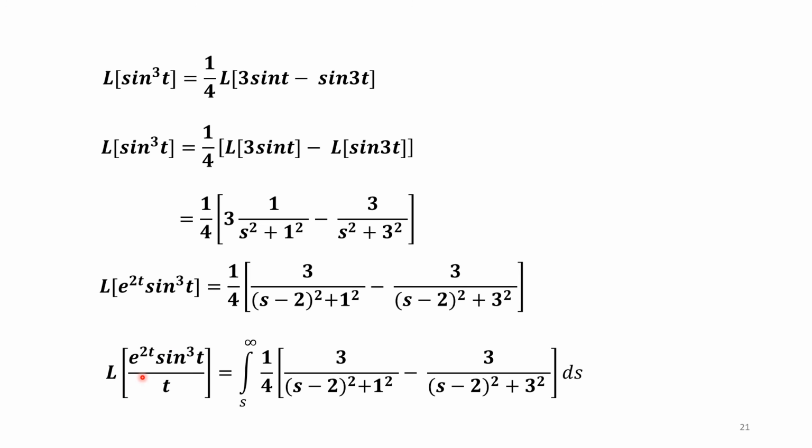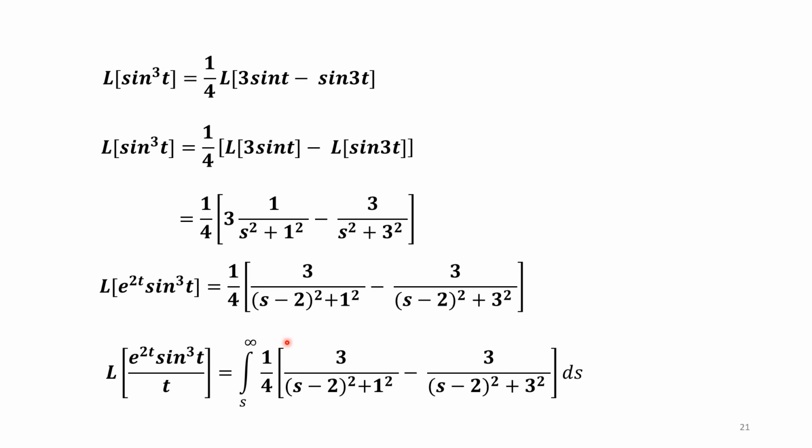Next we have to calculate L of e raised to 2t sine cube t upon t. We have calculated L of e raised to 2t sine cube t as this. Now we want it divided by t, which means again division by t.